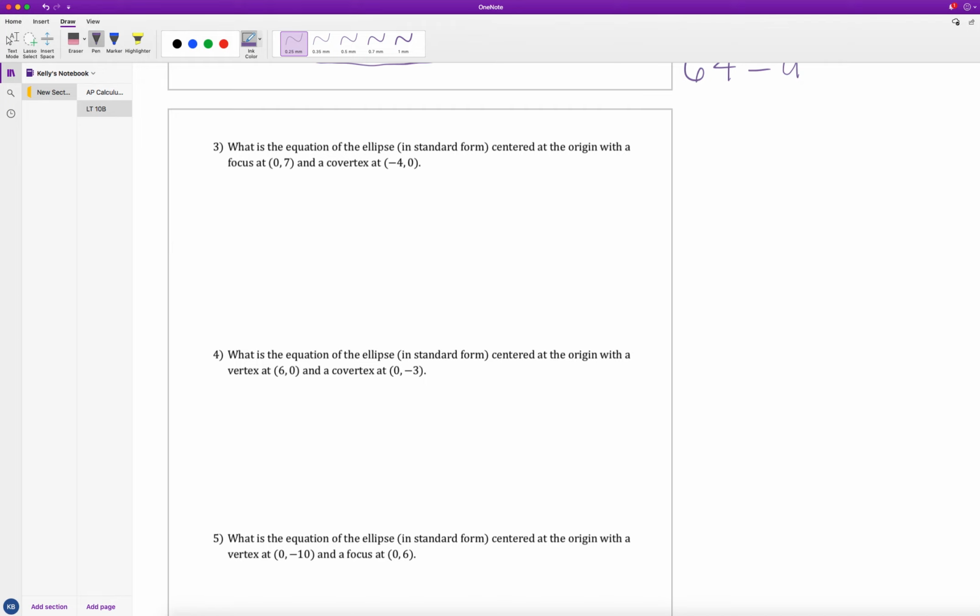Okay, so example 3 is similar to the last one. I have a focus again, and I have a covertex. What makes this a little different is, well, I have different numbers, but more importantly, my focus this time is no longer an x-intercept. It's actually a y-intercept, which tells me that I have a vertical ellipse that I'm looking at.